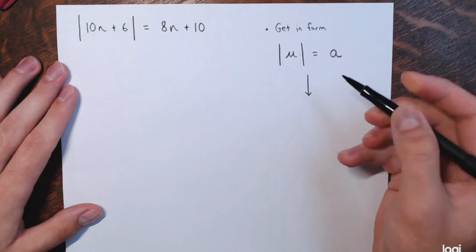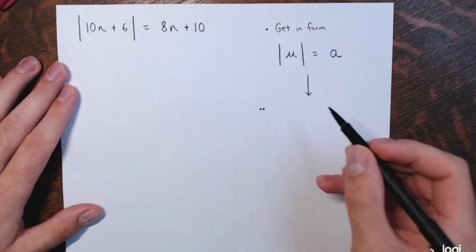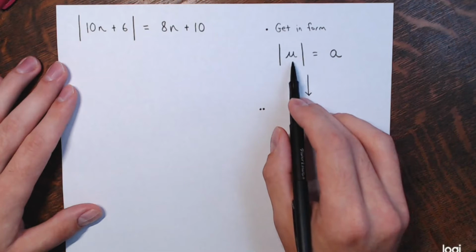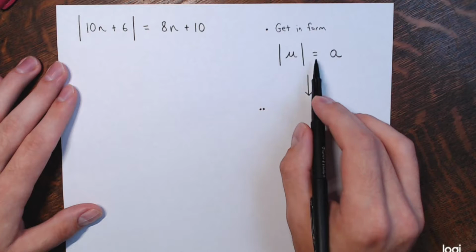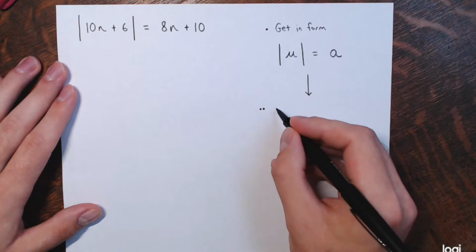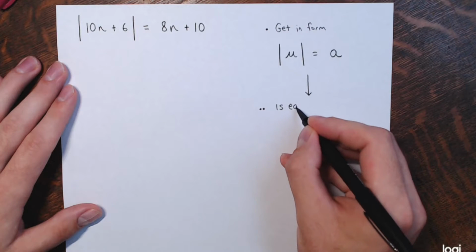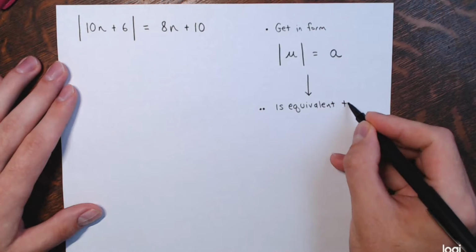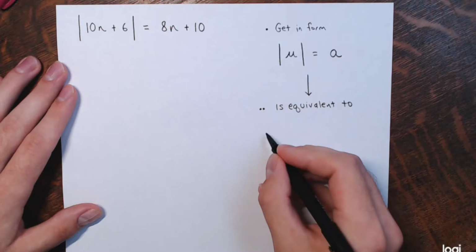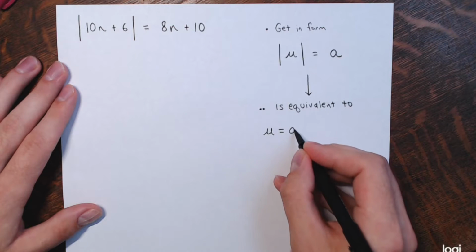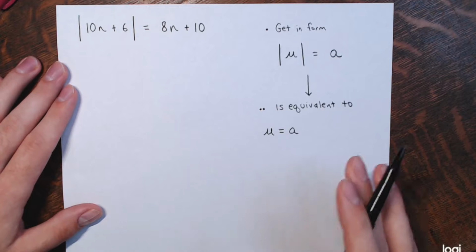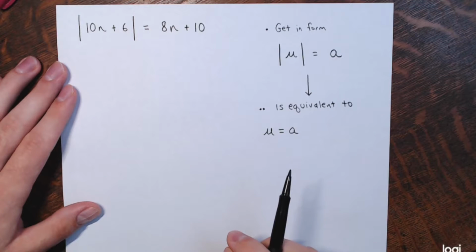And then you write it in its equivalent form, saying that the absolute value of u is equal to a. This is equivalent to saying the following, that either u is a, right, because remember, absolute value is the distance from 0 on the number line.